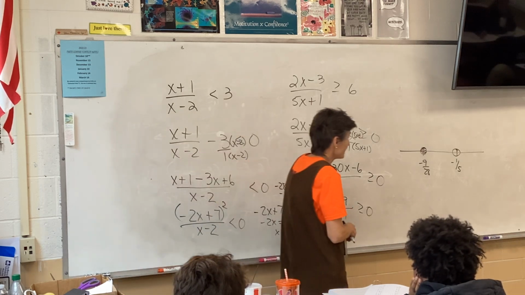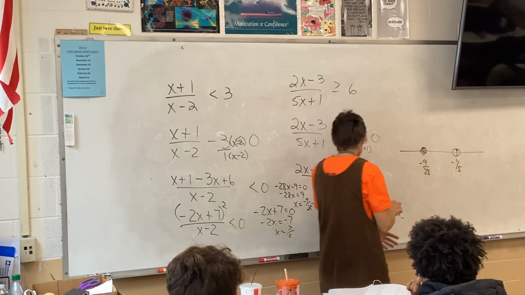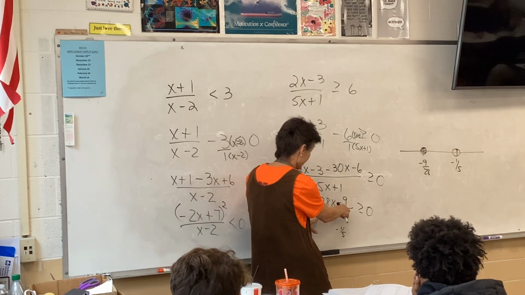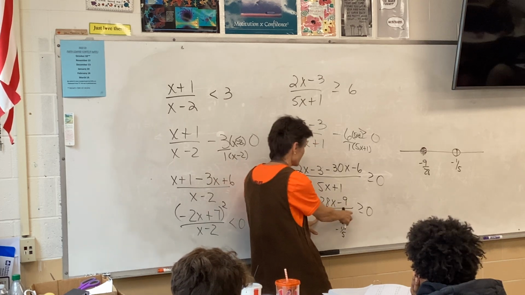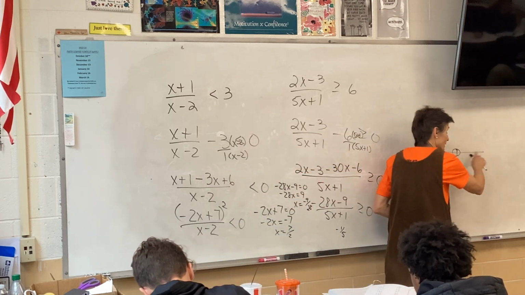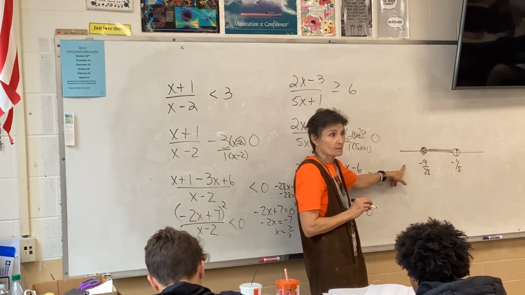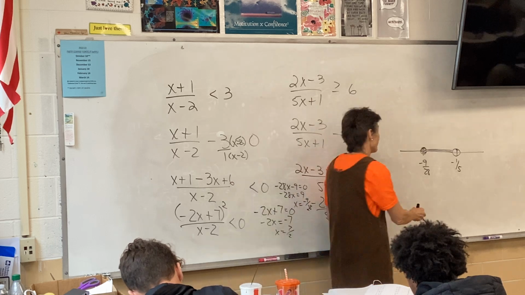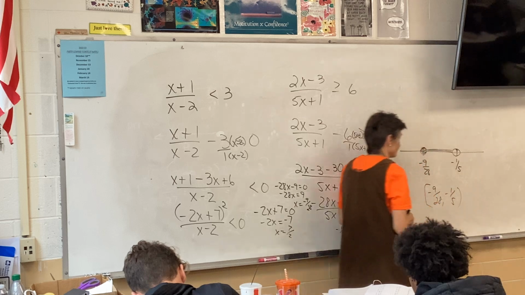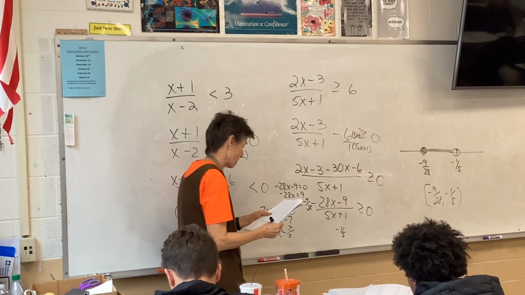You basically only need to check one section, like out here, I'll check 0. 0's easy. 0 would give me negative over positive, which is not what I want. So that isn't going to be shaded, which means this one is, and this one isn't. And so my answer is negative 9/28 and negative 1/5. Very good, Peter, for remembering that.